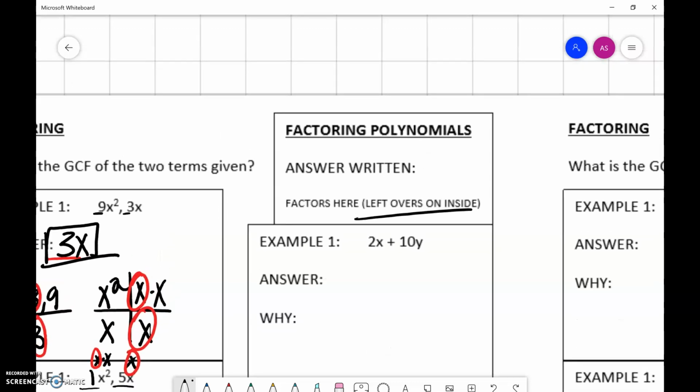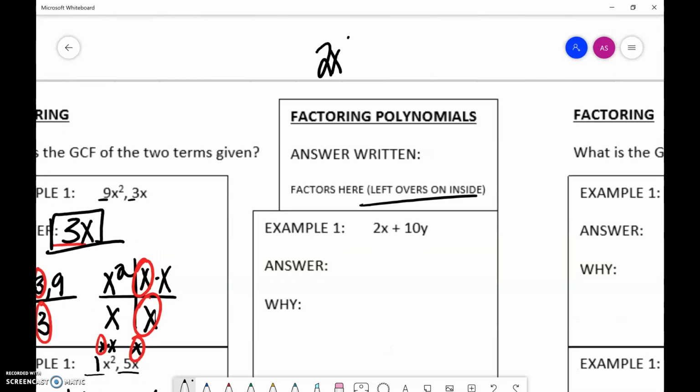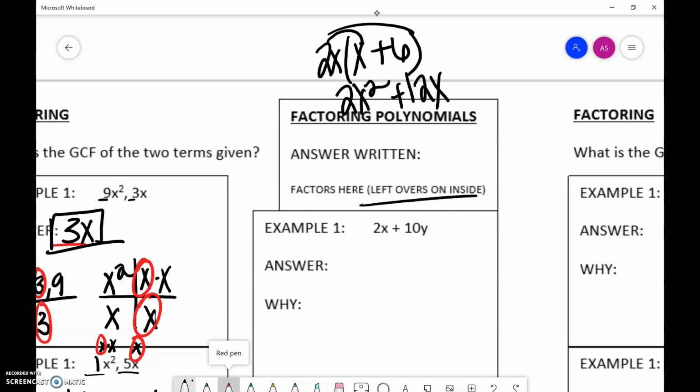Think about it like this: usually you've seen a problem where we might have had 2x times x plus 6, and I would do distributive property. 2x times x will give me 2x squared, and 2x times 6 will give me 12x. So what I'm doing here is trying to work backwards. I'm going to go from here and see how I got the first thing I started off with.